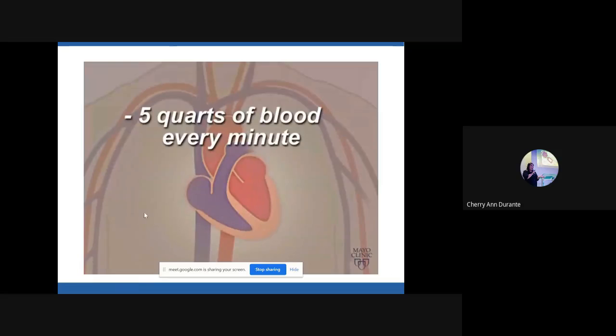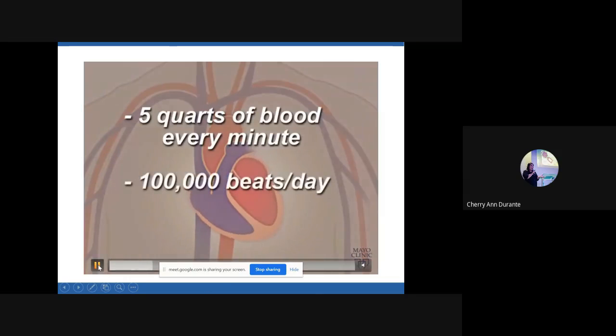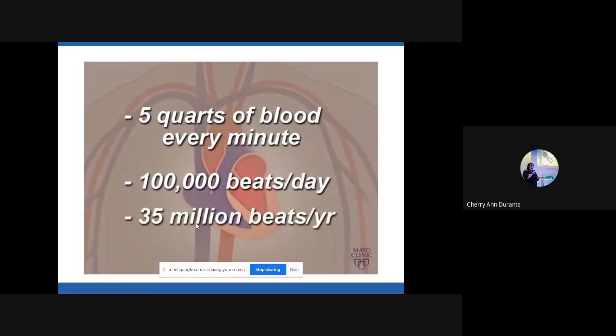Okay, so the heart pumps about 5 liters of blood every minute, and this is approximately the amount of blood that a person has. It beats 100,000 beats per day, and of course 35 million beats per year, which means that your heart does not stop.